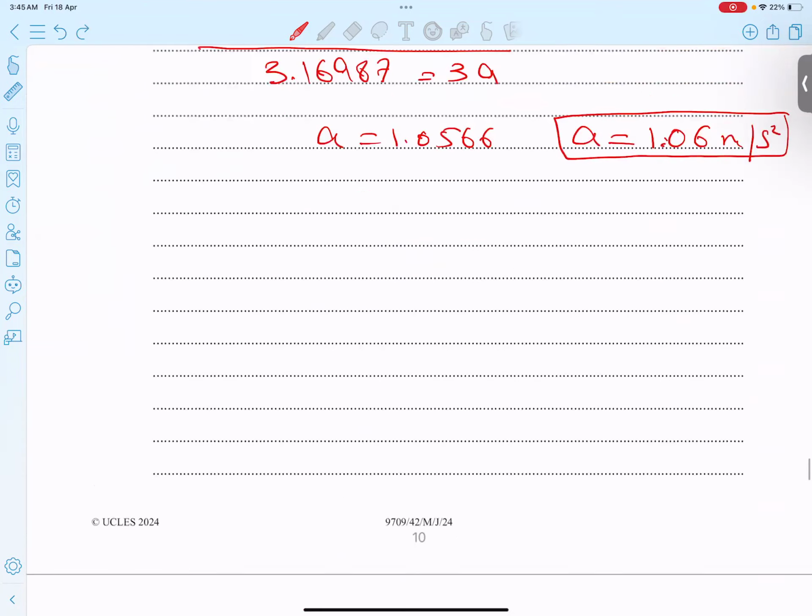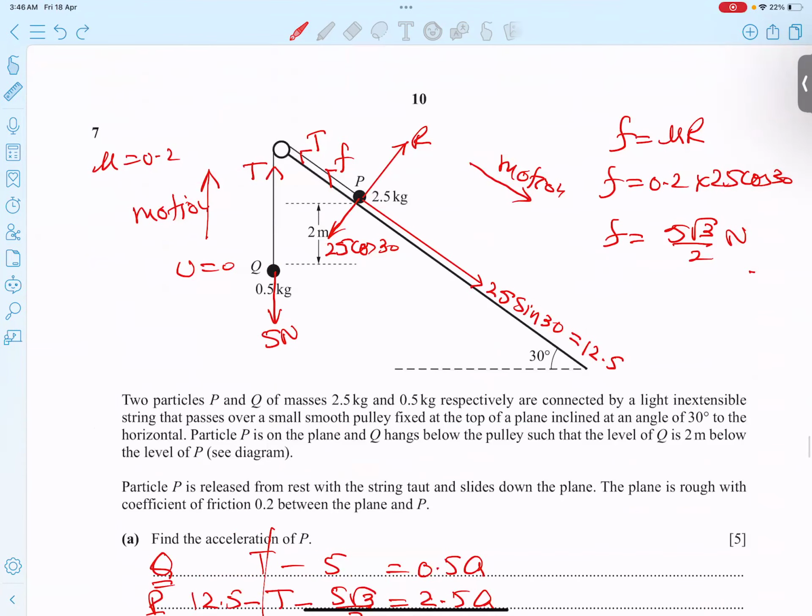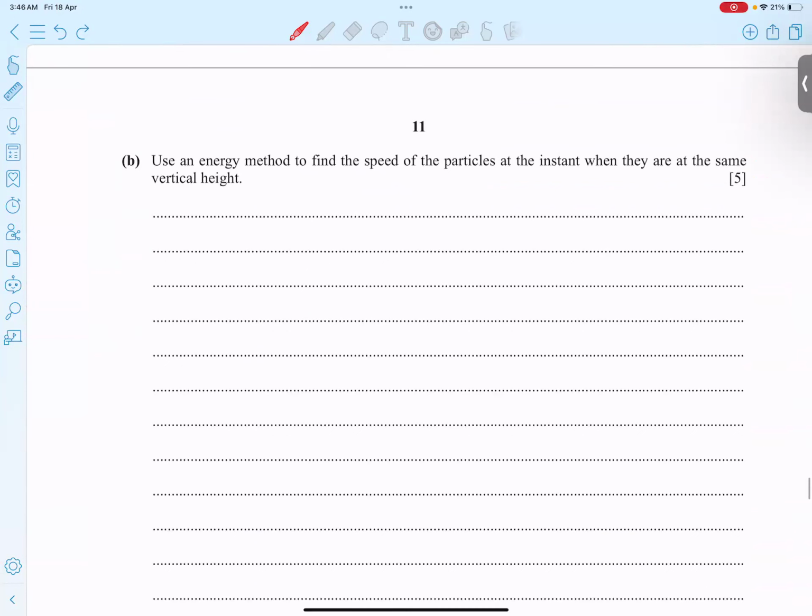It means in the current situation, the height between them is 2 meters. So I'm going to make this diagram and 2 meters. One particle is here and one particle is here, and the height between them is 2 meters.